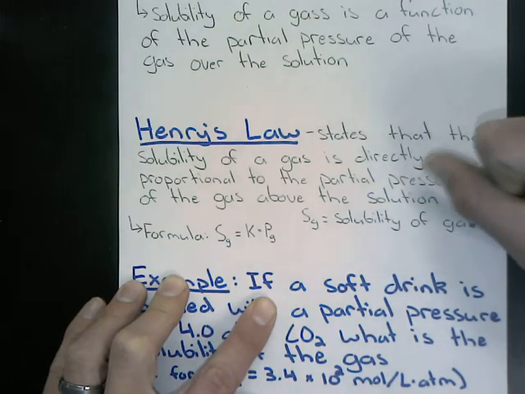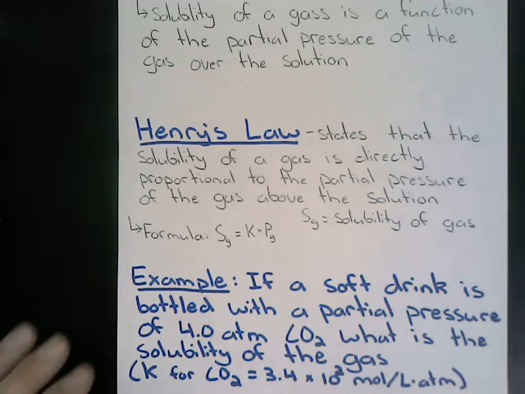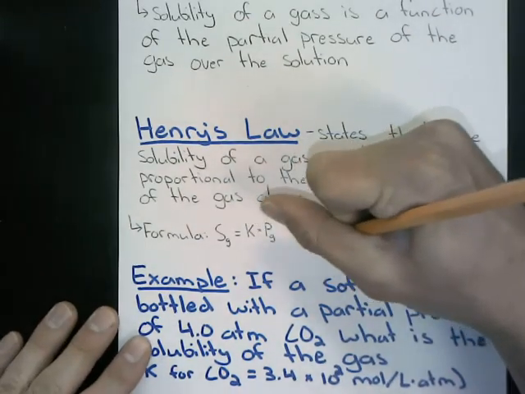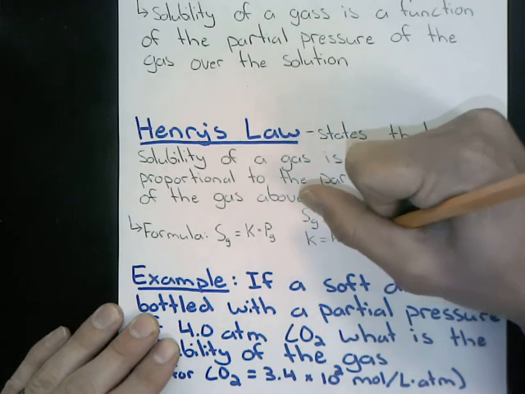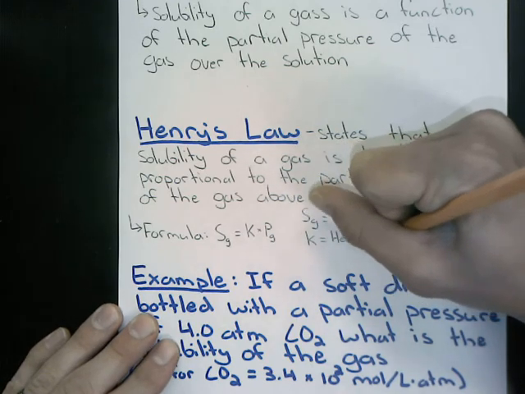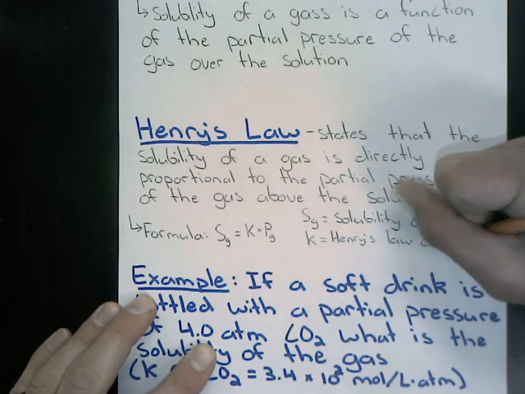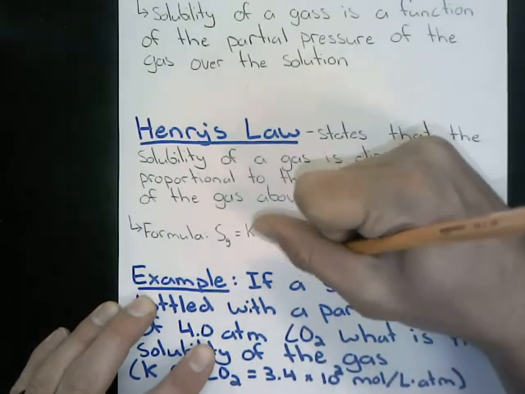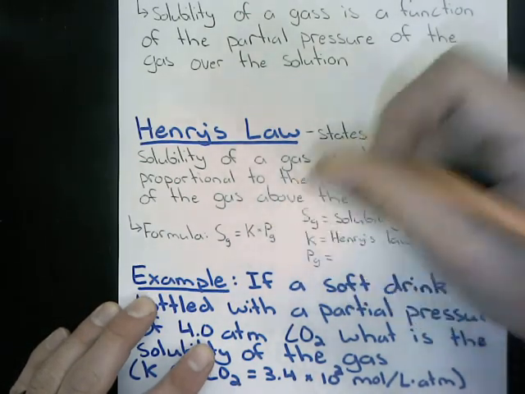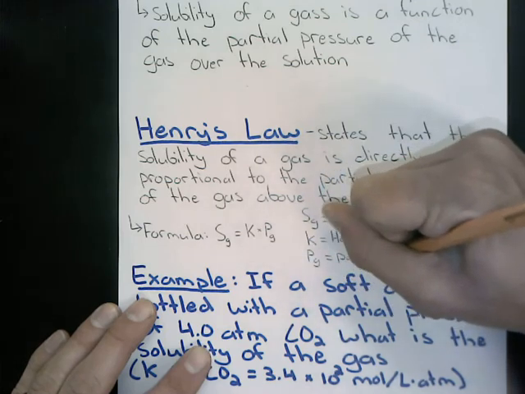The K is the Henry's gas law constant. And the pressure of the gas is just the partial pressure of a particular gas.